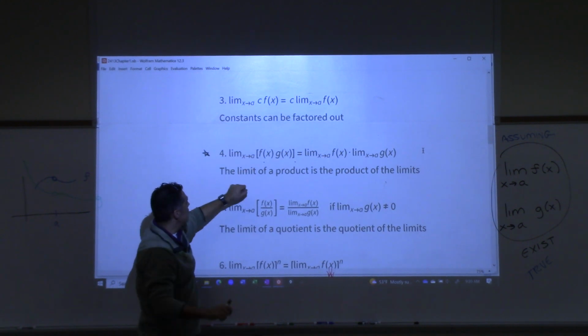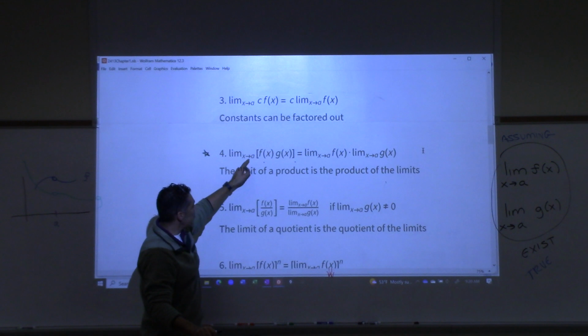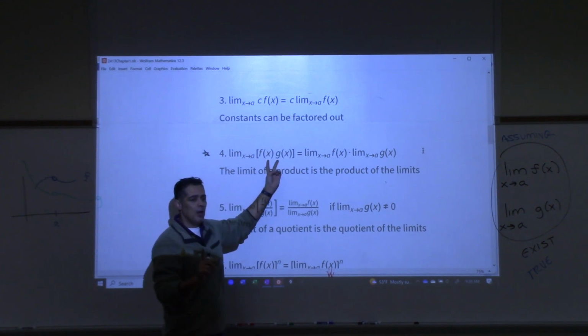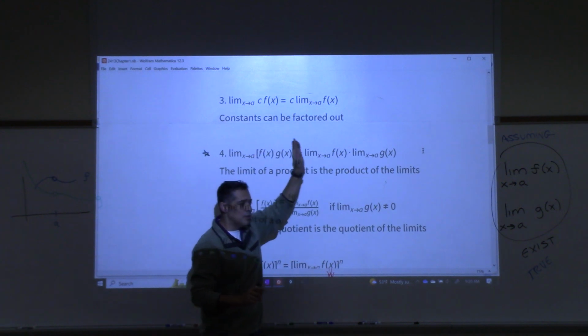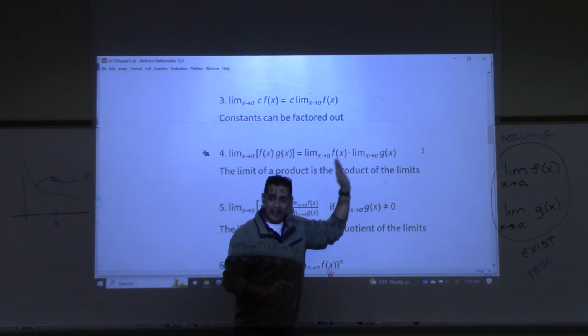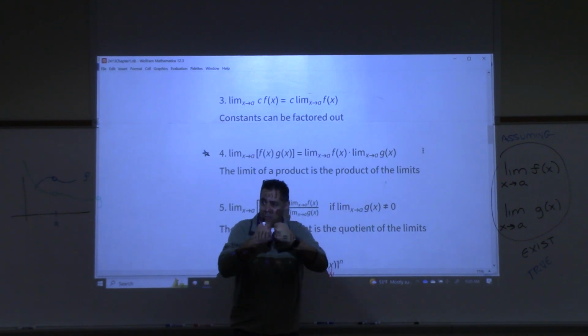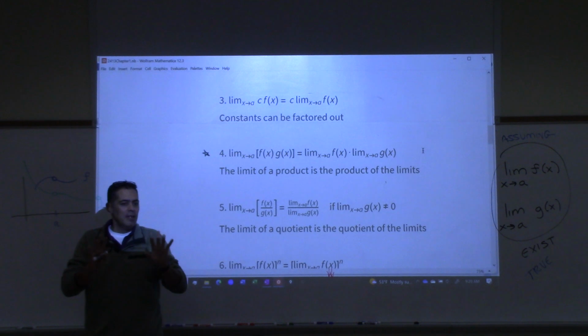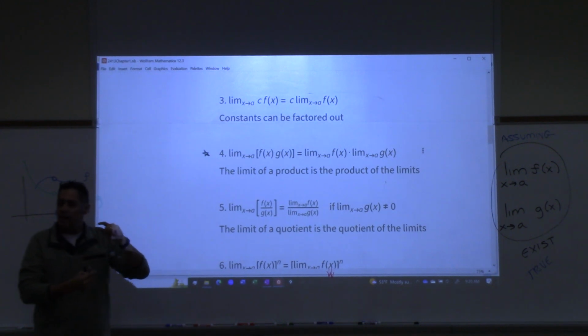But for now, if you have a limit, and notice these are two things being multiplied together, the limit law says that you're allowed to look at the limits individually still, and then multiply those two answers together. It's hard when you look at these laws, if you're sitting there wondering what he is talking about. I'm establishing the laws, then I'm going to do examples.